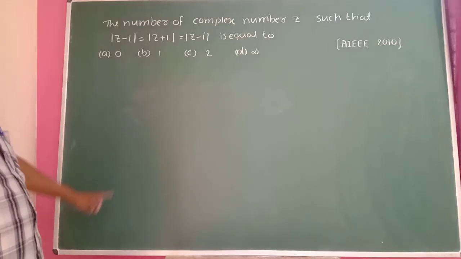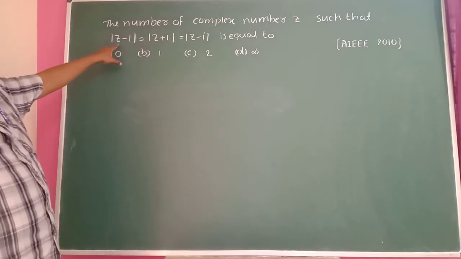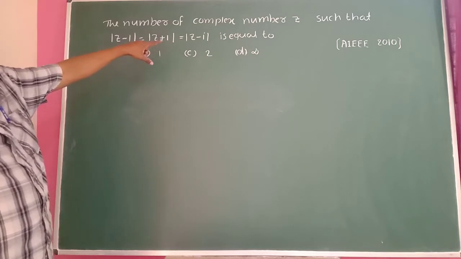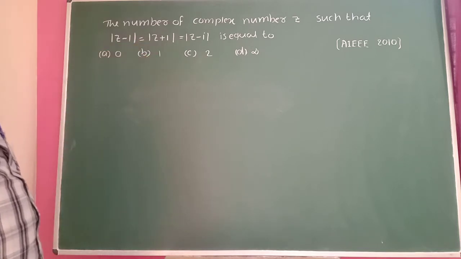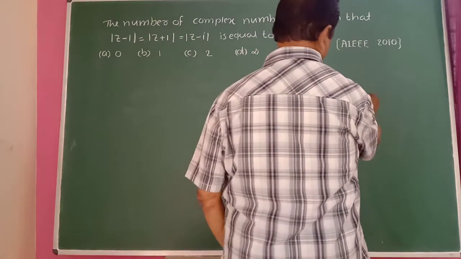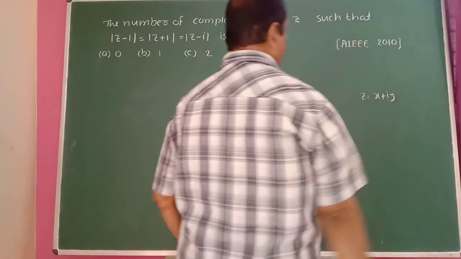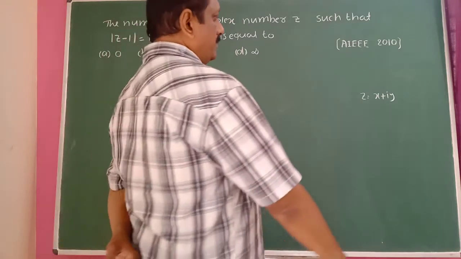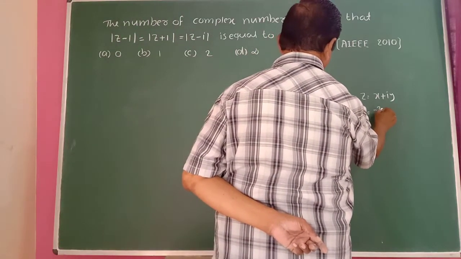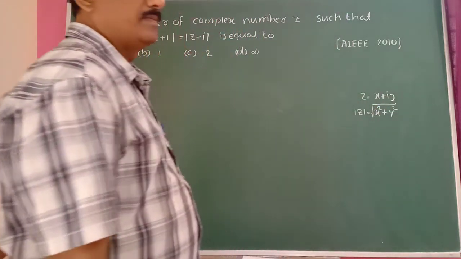Okay. The number of complex numbers z such that modulus of z minus 1 is equal to modulus of z plus 1 is equal to modulus of z minus i. You know that suppose z is equal to x plus i y is a complex number here. Then the modulus of z is root of x square plus y square.